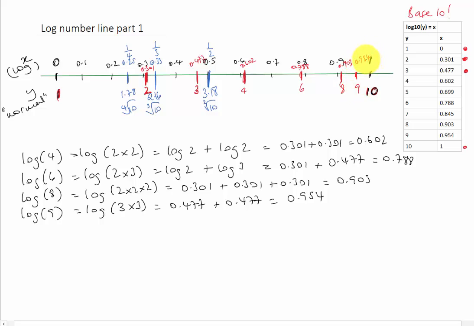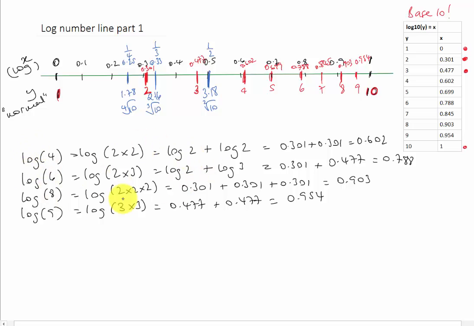So we've got 1, 2, 3, 4. We've got 5 here on our table, 0.699. And 7, 0.845. Okay, so I'd like you to take note of two things.